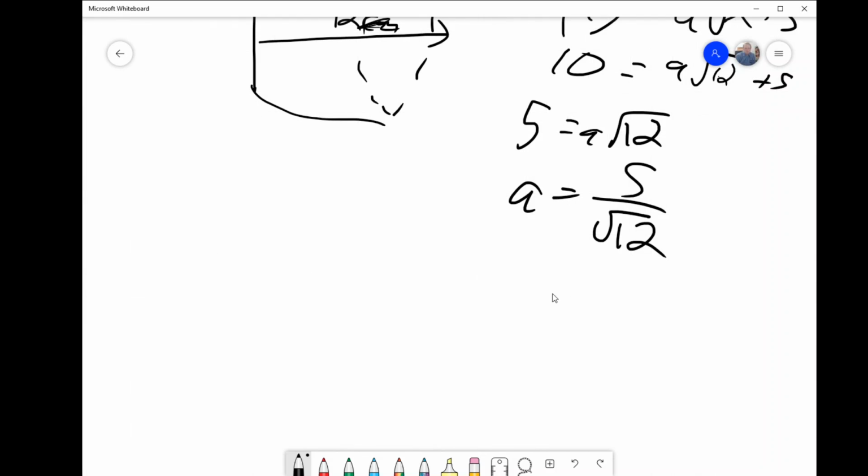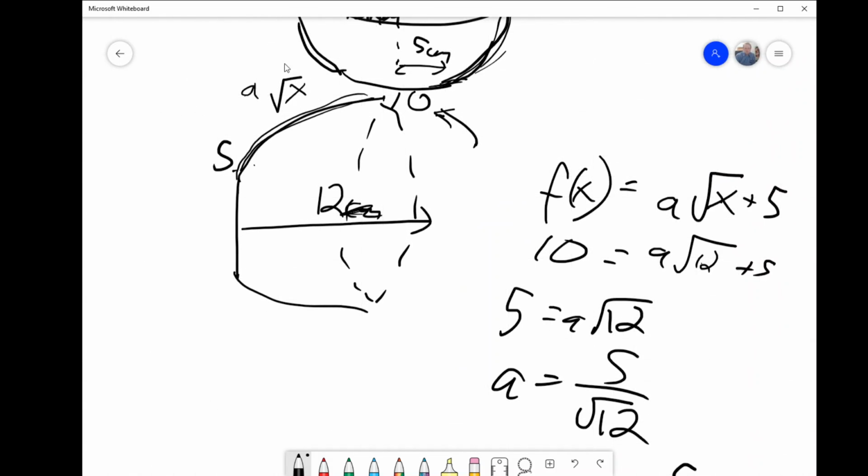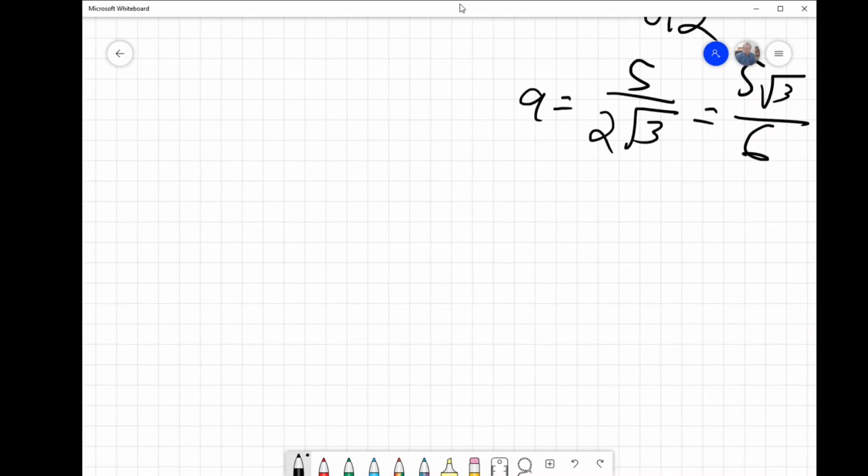We can rationalize that by recognizing that 12 has a perfect square factor of 4, and then just multiply top and bottom by the square root of 3, so we have 5 root 3 over 6. This is the value that we're gunning for here. This is going to be our proportion in our bowl.